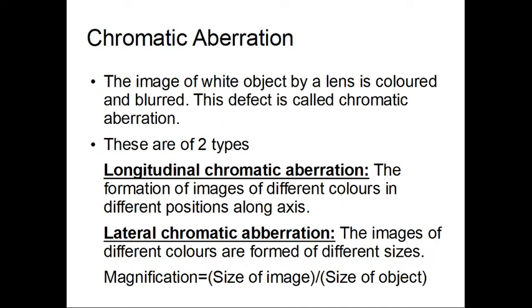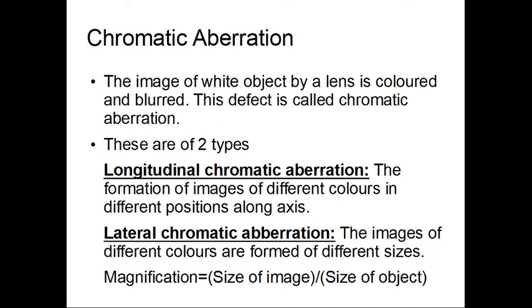Longitudinal chromatic aberration is the formation of images of different colors at different positions along the axis. Lateral chromatic aberration is when the images of different colors are formed with different sizes, due to the fact that the magnification of a white object is different for different colors.